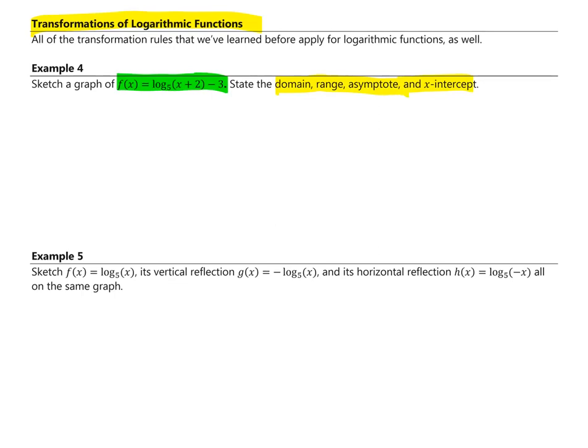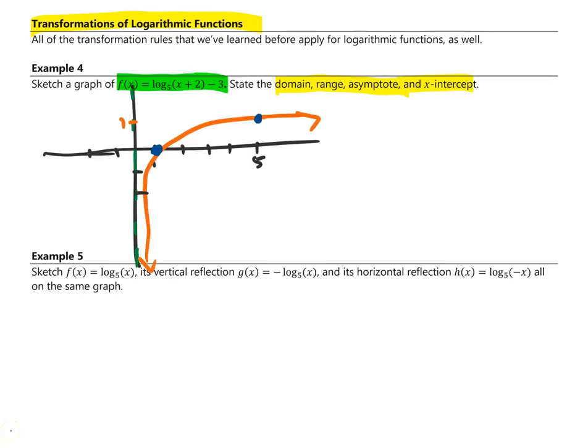Let's start with the graph. Here's the graph of log base 2 of x. We did this earlier. So from the given, x plus 2 means 2 to the left, and minus 3 is down 3.